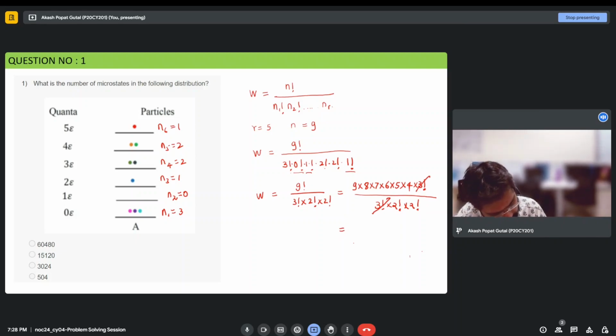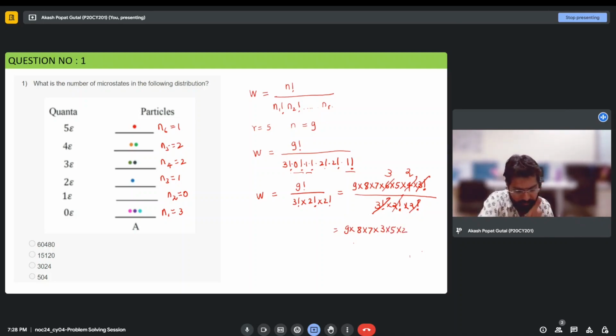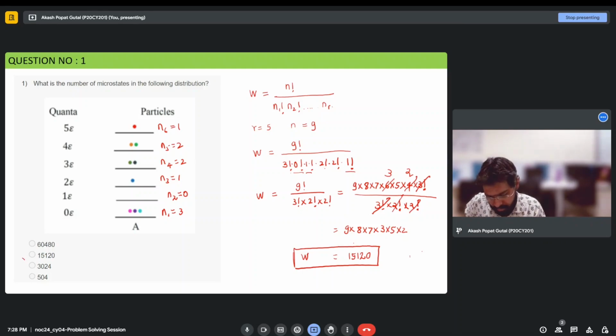And 2 factorial is nothing but 2 itself because 2 cross 1 is 2. We can directly take out 2 to the 4, 2 to the 6, 9 into 8 into 7 into 3 into 5 into 2. So that should give you the answer, which, if you calculate it, you will get 15,120. So number of microstates are 15,120. Option number is B.